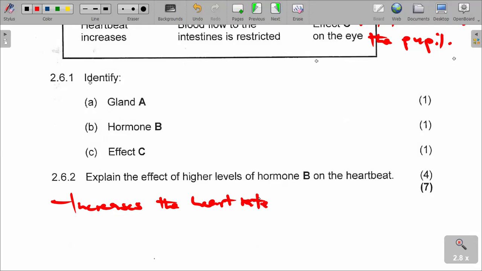We need to understand that it binds specific receptors, which we call the beta receptors, which also affect the heart rate, increasing the heart rate.